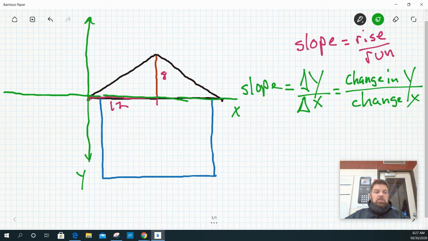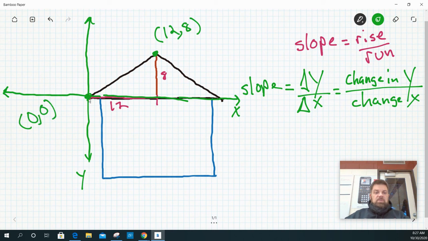Then to get from one point of the roof to the next point of the roof, I have to consider the rise over run. And so this is kind of like a straight line. So in order to get to this point here, which is actually 12, 8, and we're starting at the origin here, which is 0, 0.